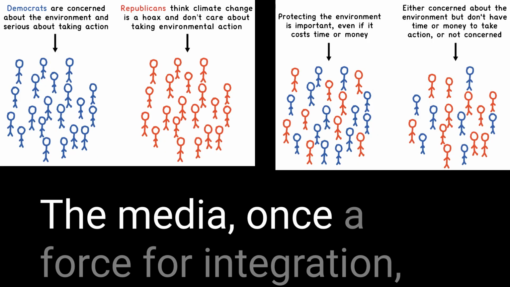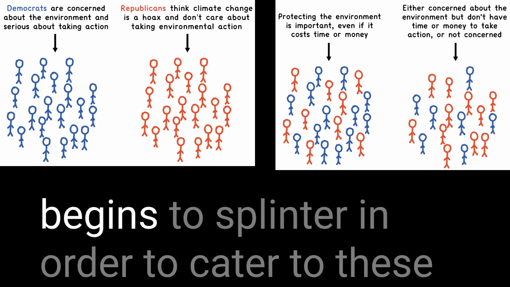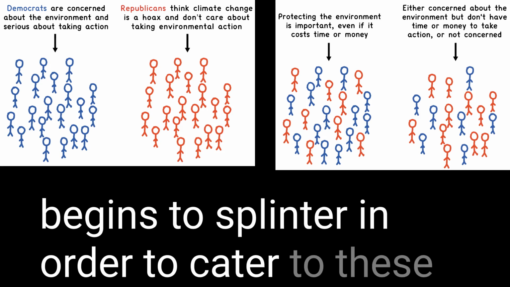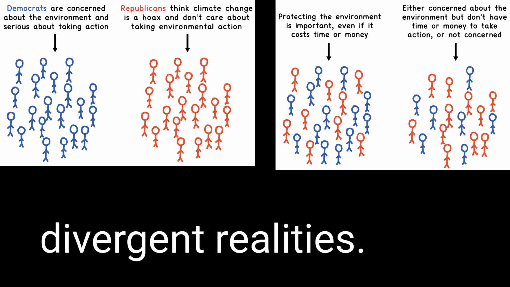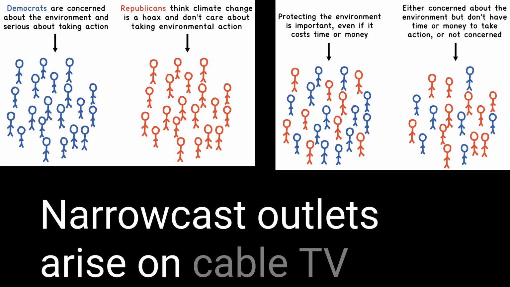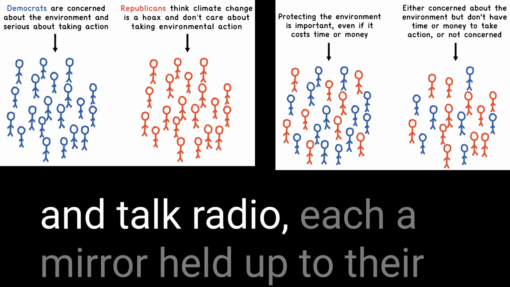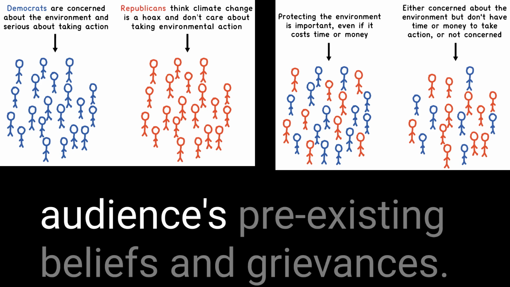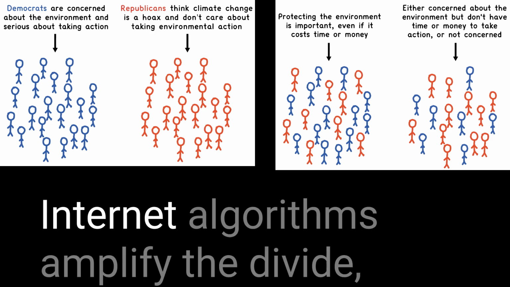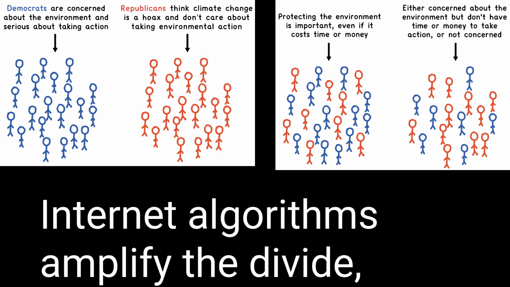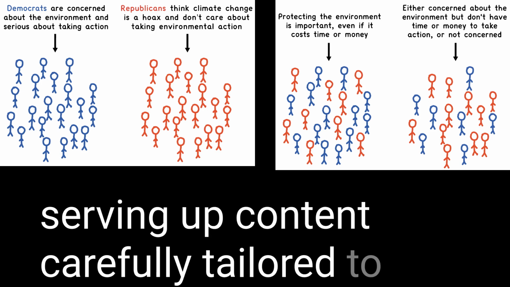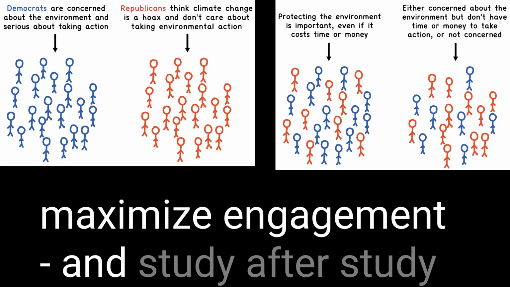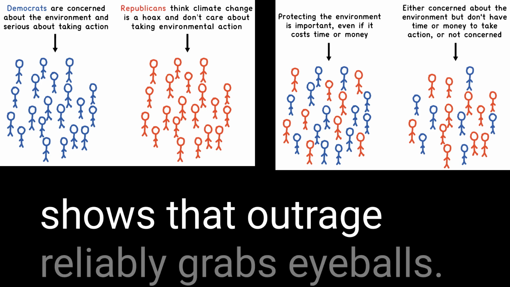The media, once a force for integration, begins to splinter in order to cater to these divergent realities. Narrowcast outlets arise on cable TV and talk radio, each a mirror held up to their audience's pre-existing beliefs and grievances. Internet algorithms amplify the divide, serving up content carefully tailored to maximize engagement, and study after study shows that outrage reliably grabs eyeballs.